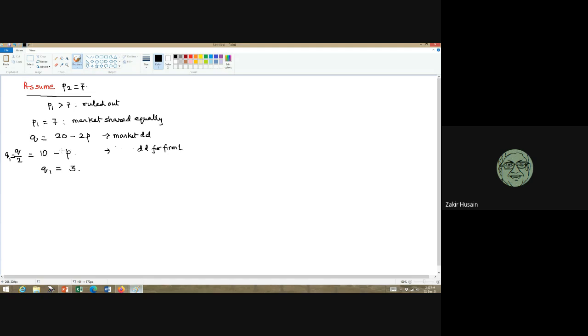So Q1 will be 3, Q2 will also be 3. And you can see that the market demand for both the firms' product is, if you put 7 over here, 7 into 14 is 6. So 6 is divided equally.